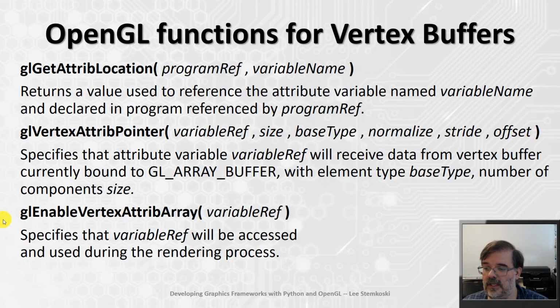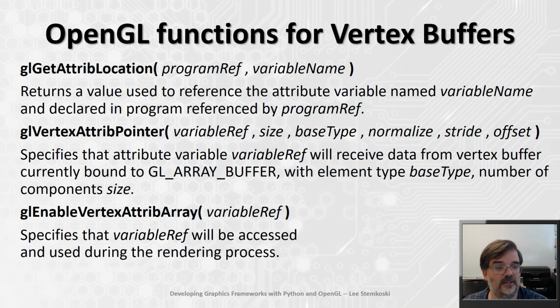The last function we need is glEnableVertexAttribArray. Even if you set up this association, you have to enable it. I think of it as you set up the wiring and then you have to flip the switch to turn it on. This specifies that when you run your shader program, the variable reference will in fact be accessing the data stored in the buffer.